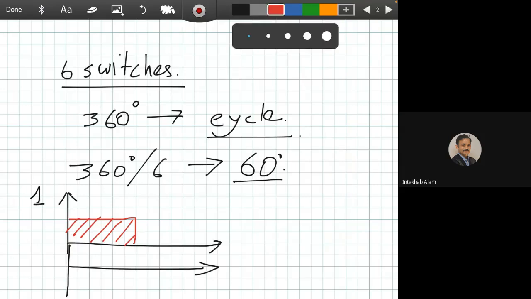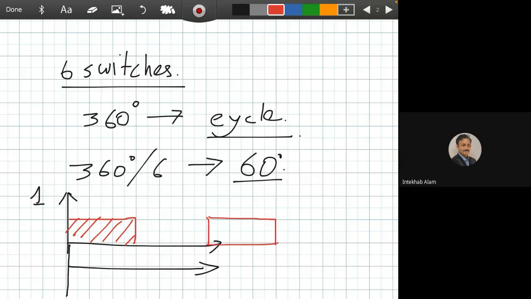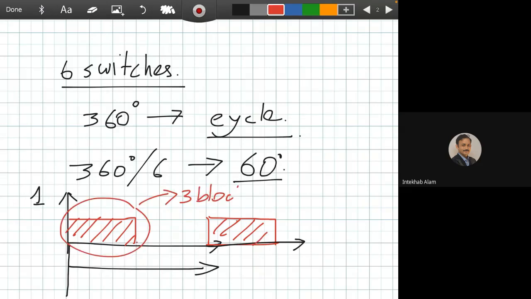We'll explain it more elaborately later. We've just started. So here switch 1 is like this, 180 degrees is the conduction, and if it is 180 degrees, there are 3 blocks. You can see it. Can you see this point? For 180 there are 3 blocks, here, here, here.